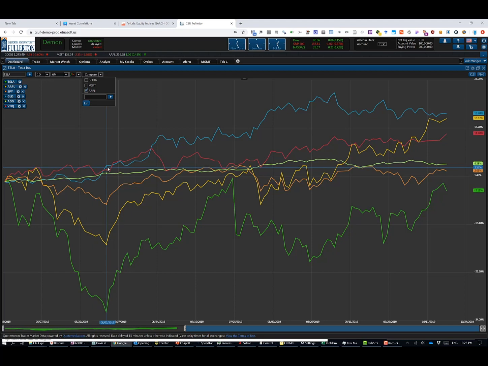So it seems the correlation is actually what the table told us; the correlation seems to make sense. The correlation between gold, AGG, and VNQ, and on the other hand, the stocks, between non-stock assets and the stock assets, tends to be quite low. And that's what this graph tells us.